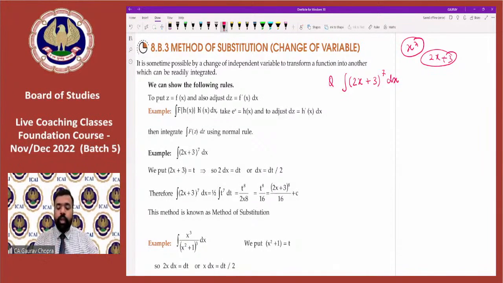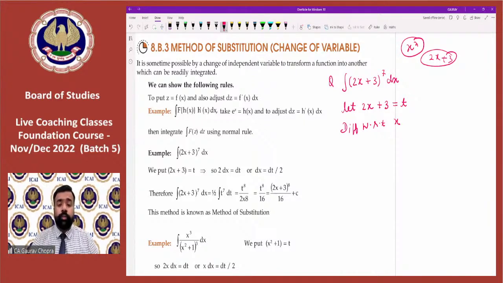So this time, let's see what we have to do. First of all, we will assume one of the given functions as t. So let 2x plus 3 equal t. Now we differentiate with respect to x.